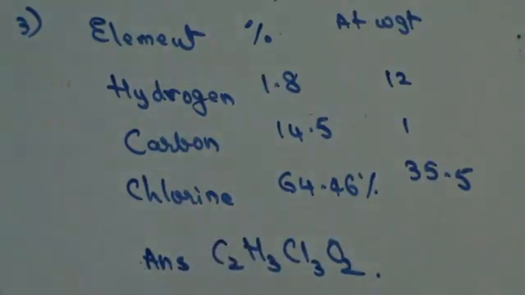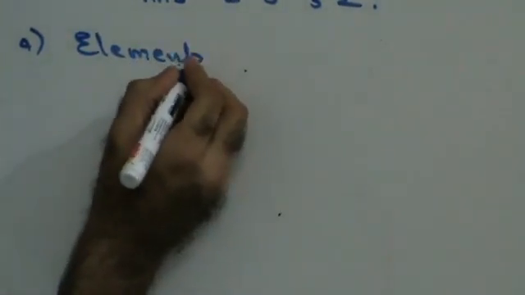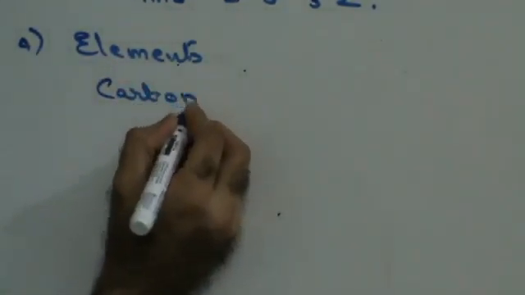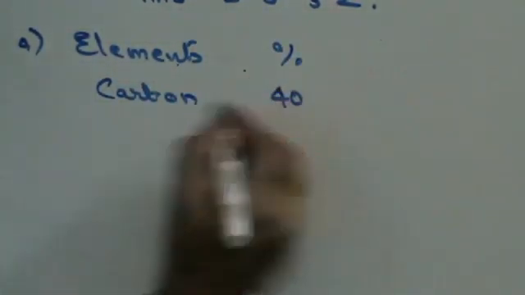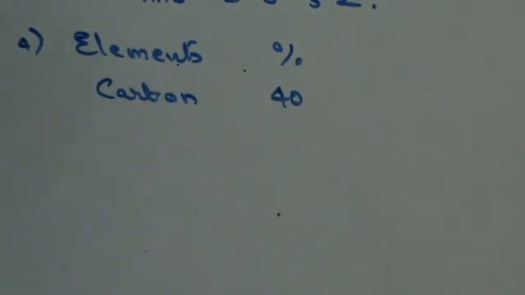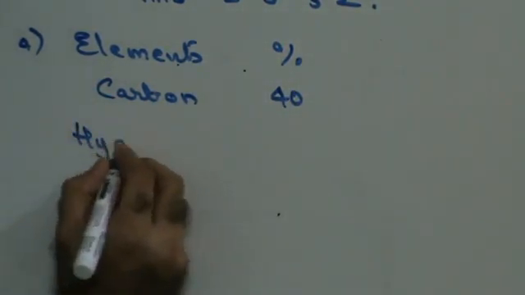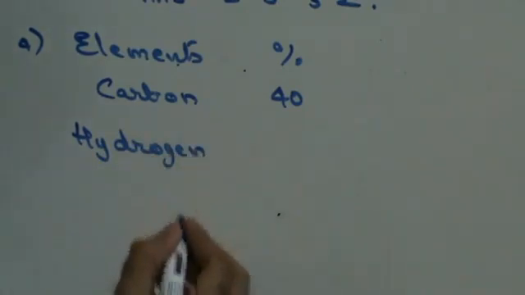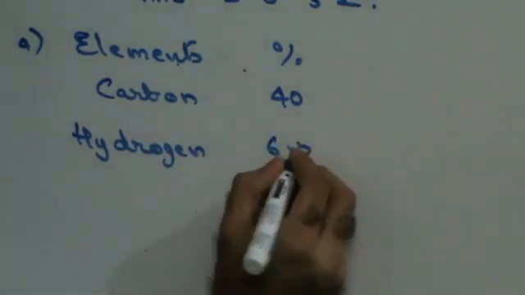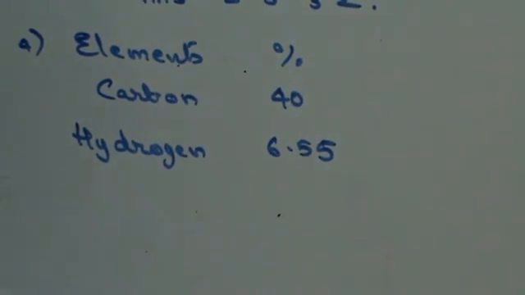Next, take on next one, please. An organic compound contains 40% carbon, 6.55% hydrogen.